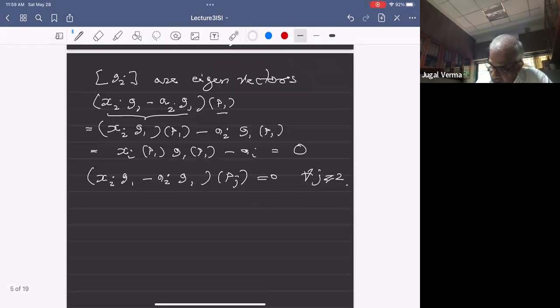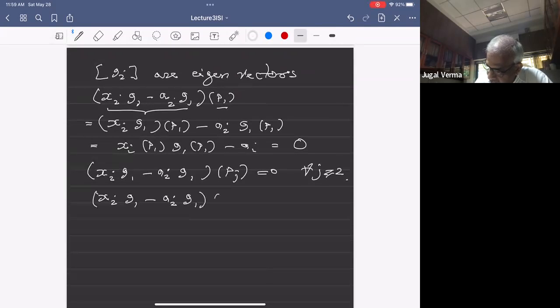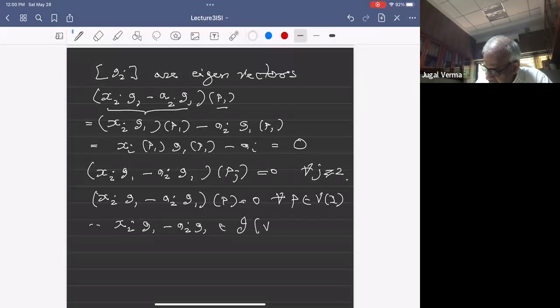That says that this polynomial x_i g1 minus a_i g1 vanishes at every point in the variety of I. Therefore this polynomial belongs to the ideal of the variety of I. But I is a radical ideal, so that is equal to I. So this polynomial belongs to I.